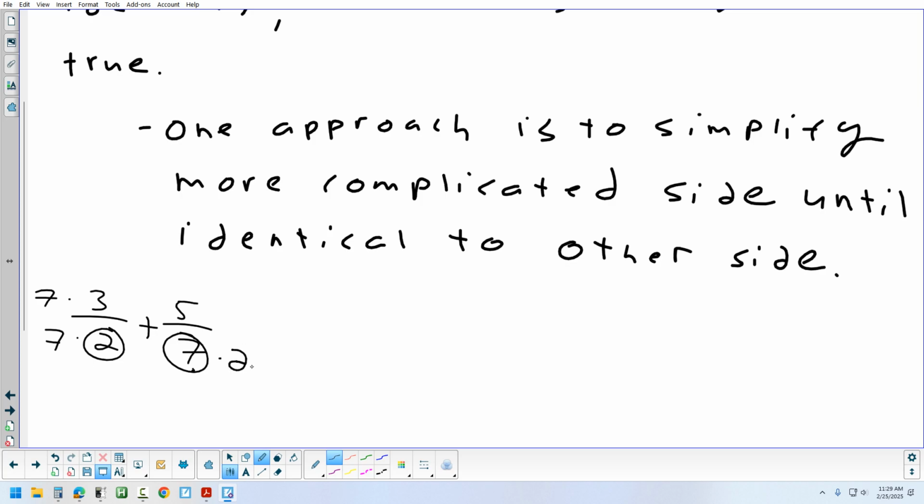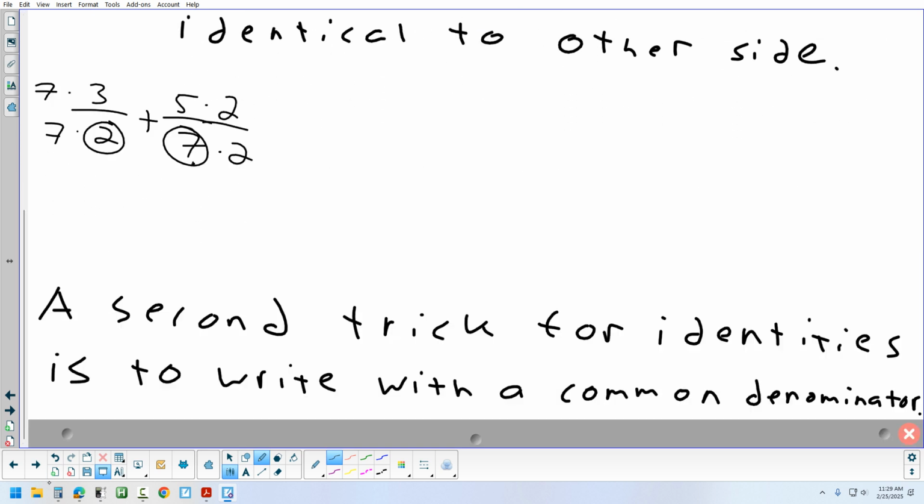So when you are finding a common denominator, which is another trick that we're going to use, you multiply each fraction by the other denominator. Doesn't matter if that denominator is a number, a letter, or in our case, it's going to be a trig function.